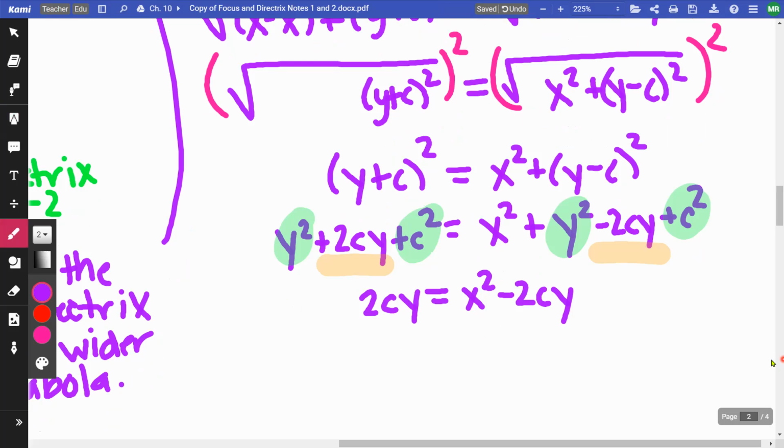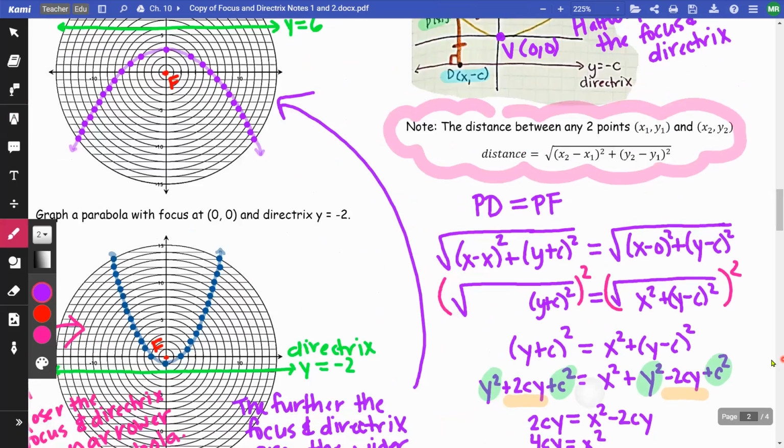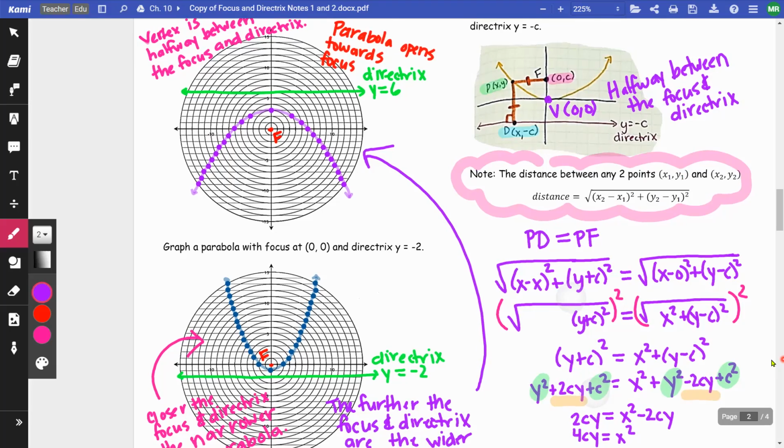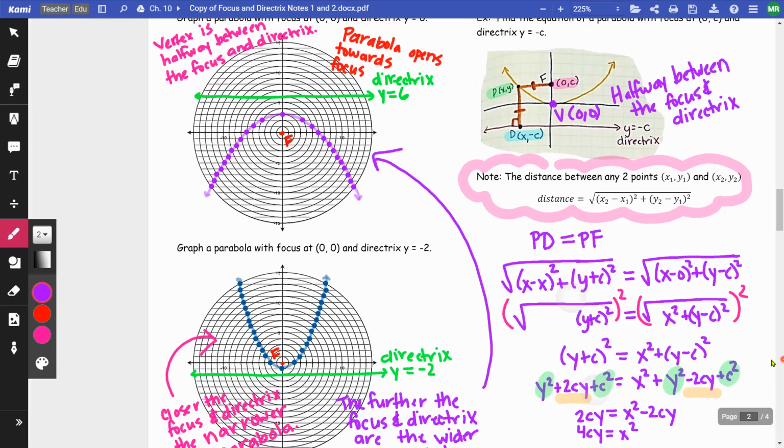Now, let's get our cy's together. So I'm going to add 2cy, so I get 4cy is equal to x squared. So we're trying to get an equation for a parabola that has a focus at (0, c) and a directrix at y equals negative c.